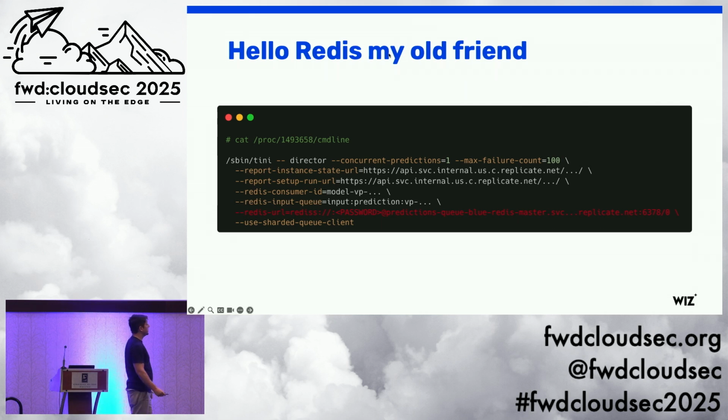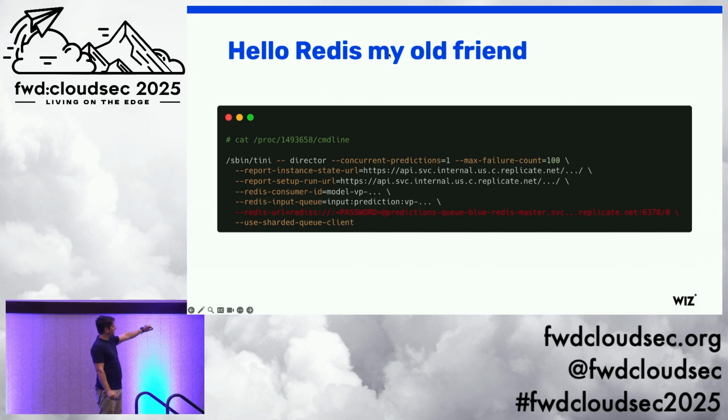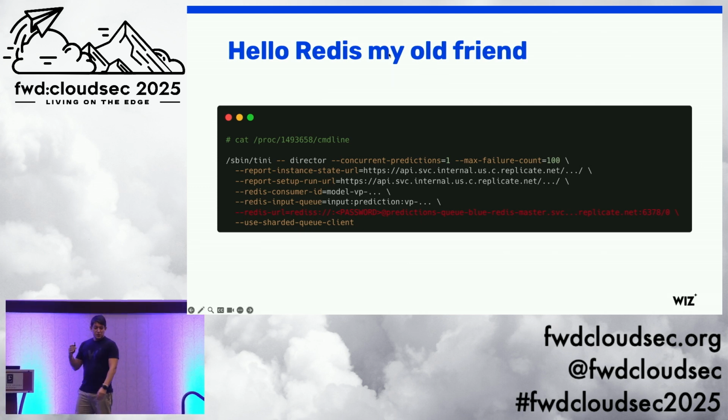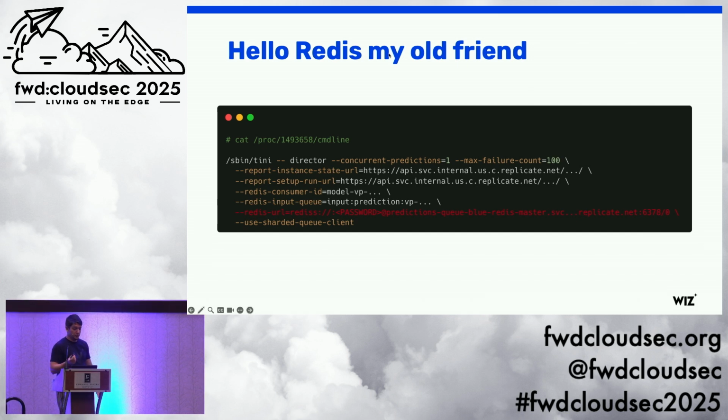Here you can see just a process, but one of the parameters is specifying a Redis URL. In that Redis URL, and it was redacted, of course, you see the password to connect to the service and the full domain and port.